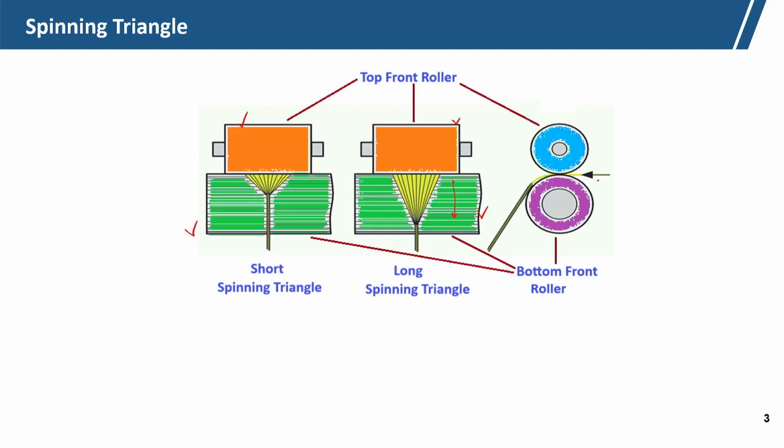When the fiber strand is coming out from the front roller nip, the twist does not flow up to the nip point because of the width available in the untwisted portion. So, twist stops somewhere a little bit away from the nip point and this forms a triangle, and this is called the spinning triangle.